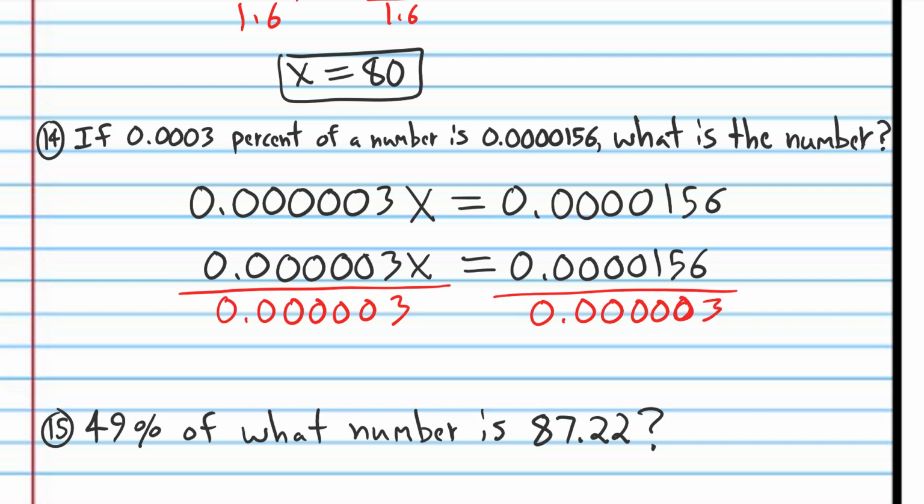And I'm definitely going to need the calculator for this. So 0.123400156 divided by 0.1234503 equals 5.2. So if you got 5.2, good job.